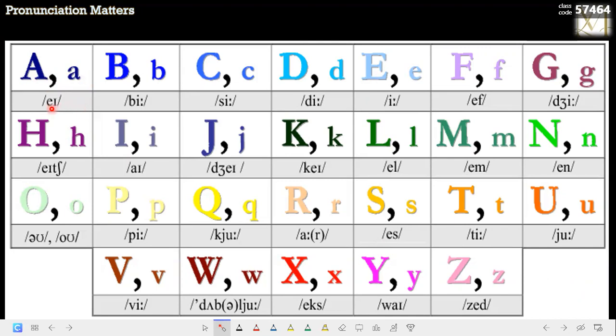And also you will see the transcription of the sound, or how the letter is pronounced when it is a sound. So A, this is the transcription of the diphthong A, or the long A, okay?